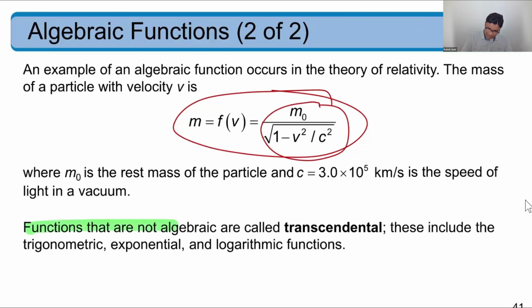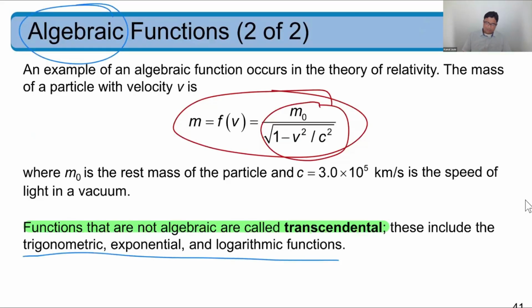Functions that are not algebraic are called transcendental. Like numbers that are not rational numbers are called irrational. So functions that are not algebraic are transcendental. Some examples are trigonometric, exponential, logarithmic. We will be doing a brief review of those functions as well.